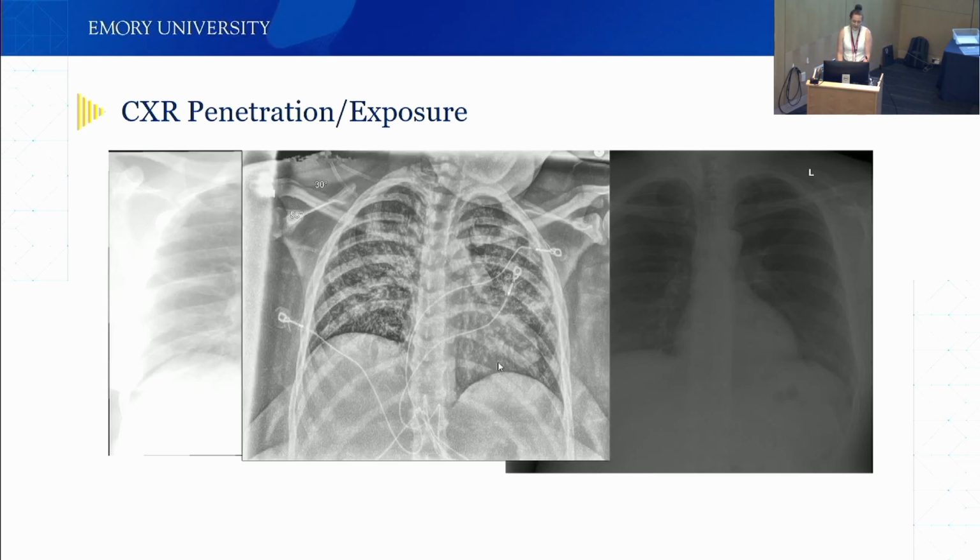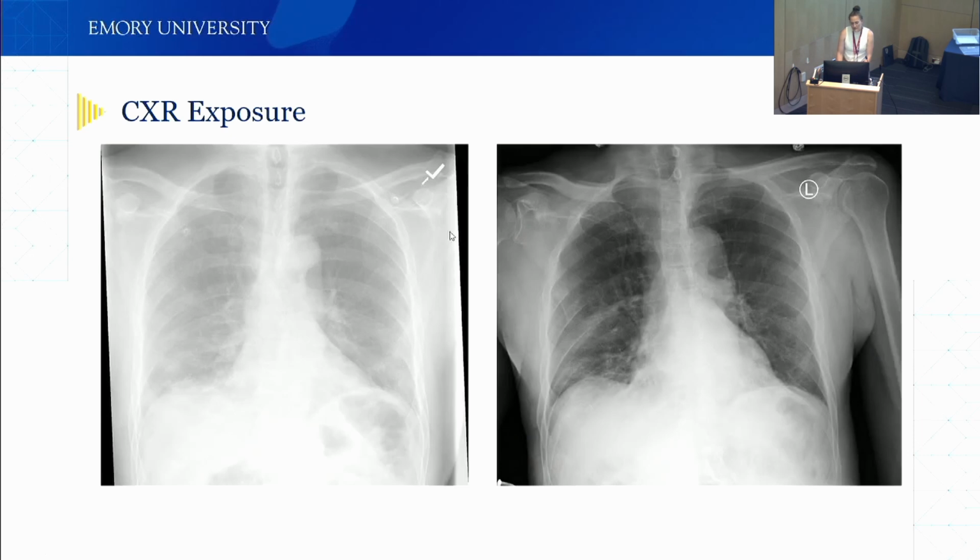This is done in a different window, so with digital radiography you can sometimes change the windowing. This is done in a bone window. The tricky part is that this is an overexposed one, and this is a normal one of this patient, normally exposed. This is again not a normal x-ray, but it is not a super weird x-ray. The tricky thing is this.